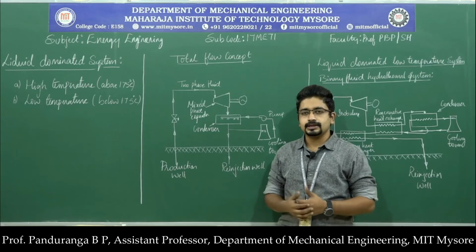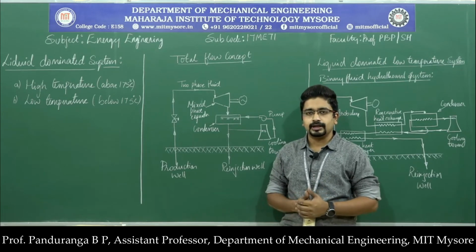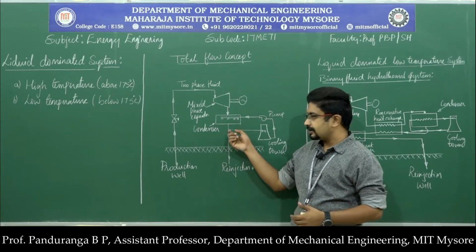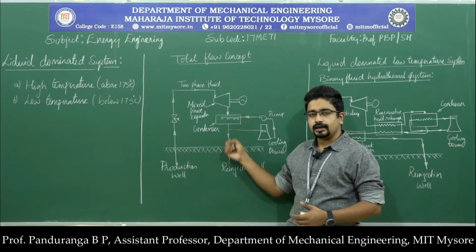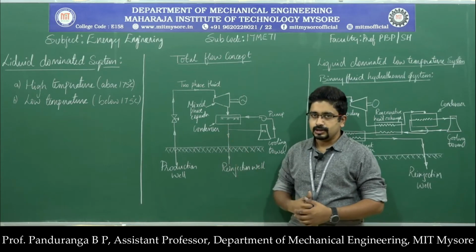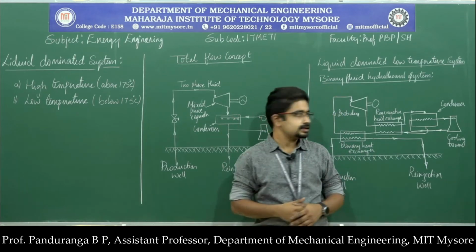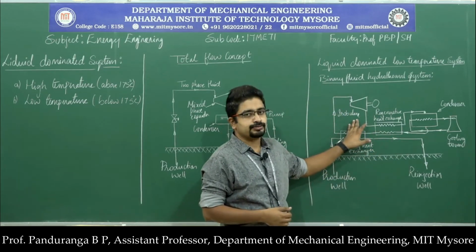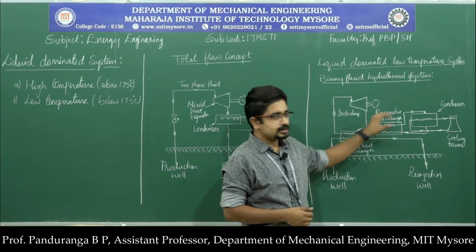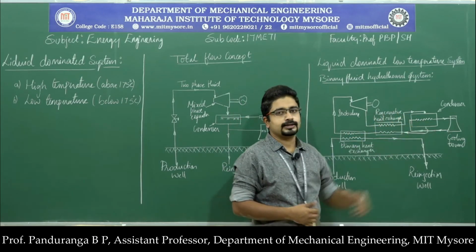If they mix directly, we don't have any problem, because cooling water is taken out from the condensed water. So there we used a direct contact condenser, but since we are using isobutane as the working fluid here, we cannot use a direct contact condenser.